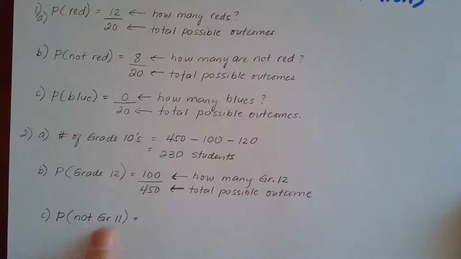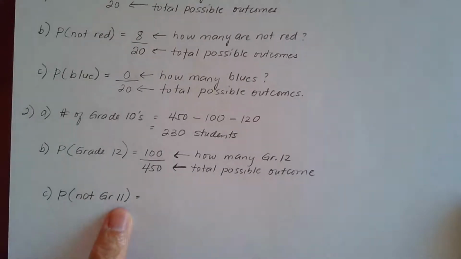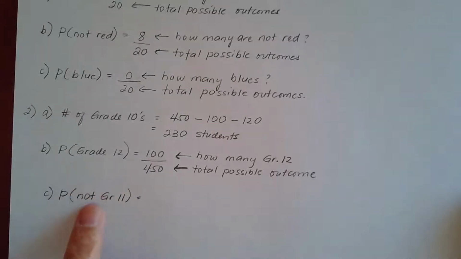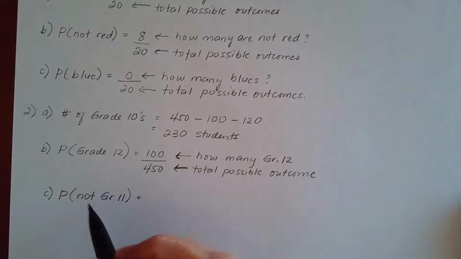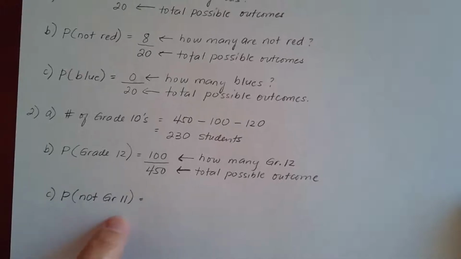Well, how many are not grade 11? We have to consider the grade 10s, because grade 10s are not grade 11s, and also the grade 12s, because grade 12s are not grade 11s. So not grade 11 talks about everybody else that's not grade 11. So it includes the grade 10s and the grade 12s.